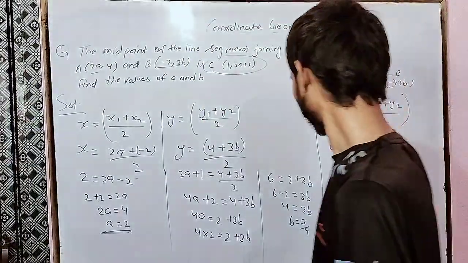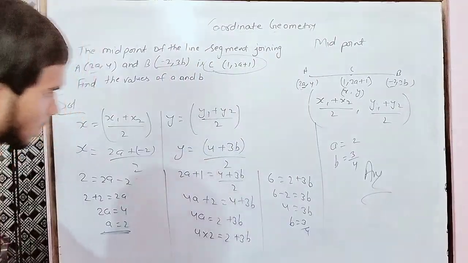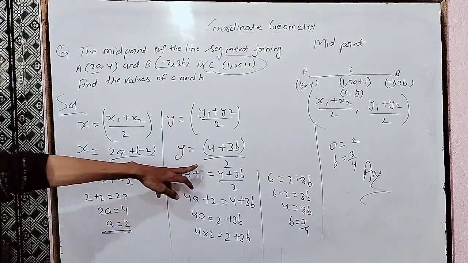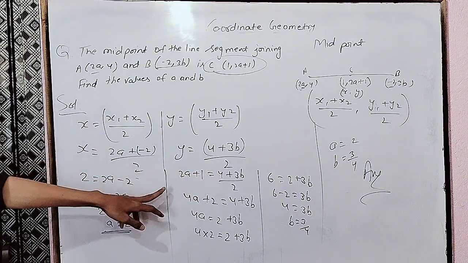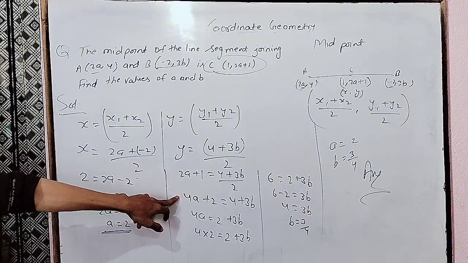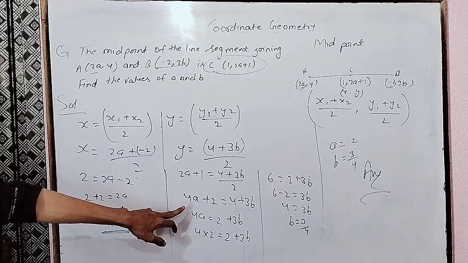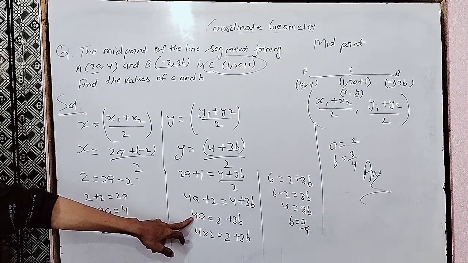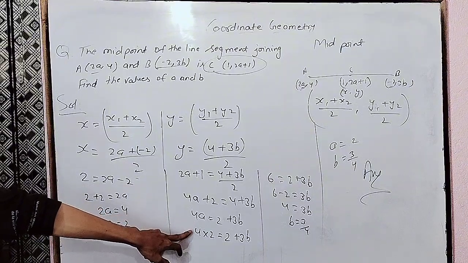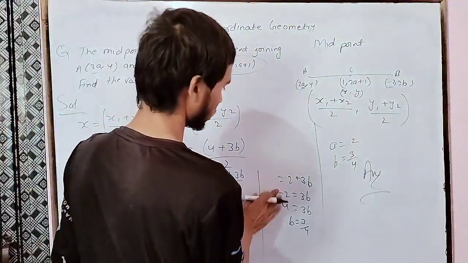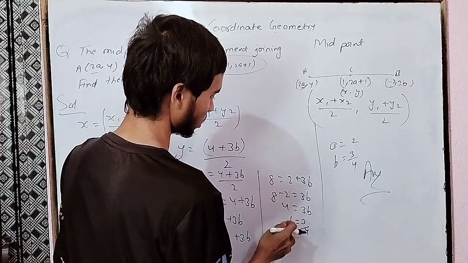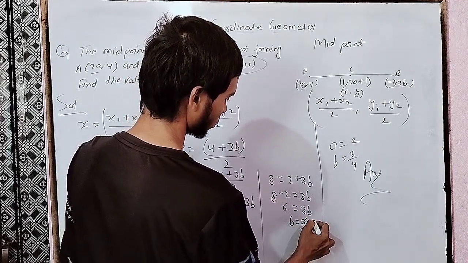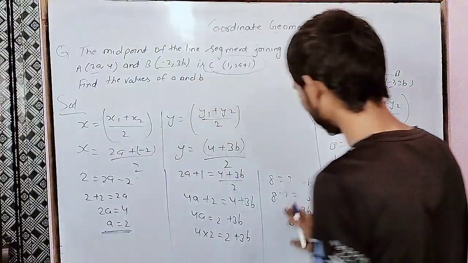Then what's wrong? 4 plus 3b upon 2, 4a plus 2 and 4 plus 3b. Yes, this is it.